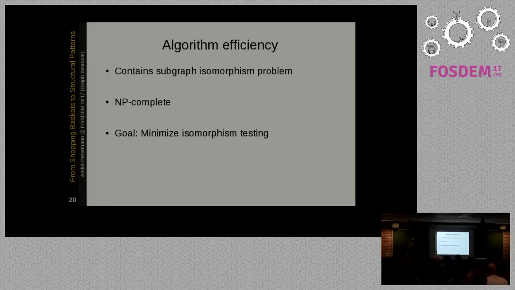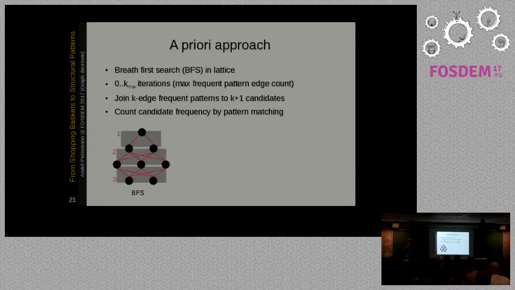These algorithms contain the so-called subgraph isomorphism problem, which is NP-complete. We need to enumerate all isomorphisms between graphs, which is very expensive, and we cannot avoid this completely. If we want the complete set of frequent subgraphs, it's not possible to avoid this problem, but efficient algorithms minimize the isomorphism testing effort.